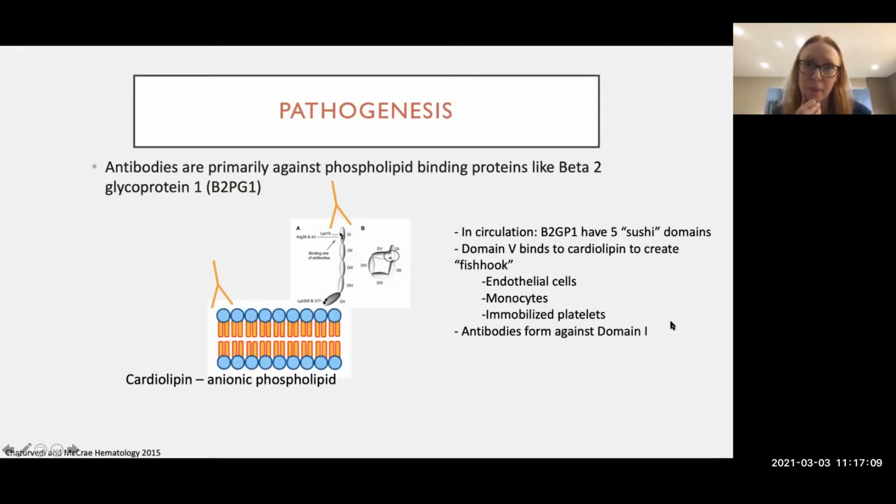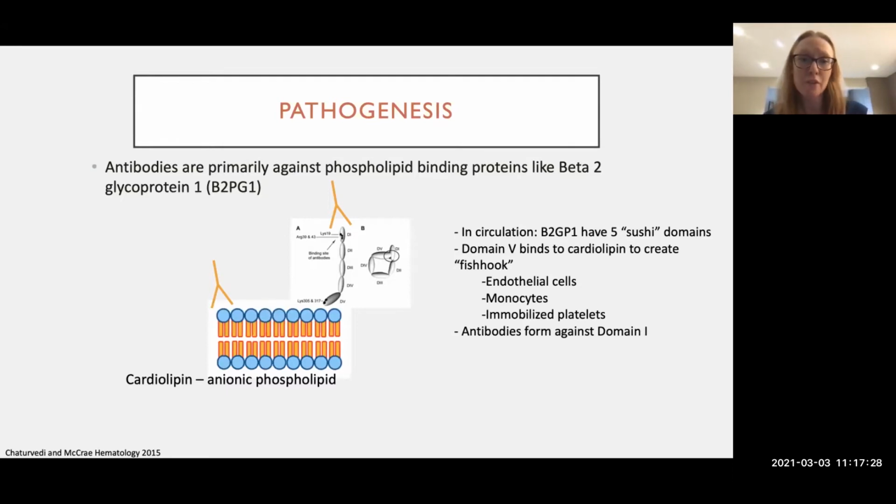So taking a step back and focusing more on the pathogenesis of antiphospholipid antibodies. You have different proteins, and beta-2 glycoprotein is like a sushi. It floats in the blood in a sushi form in circulation.